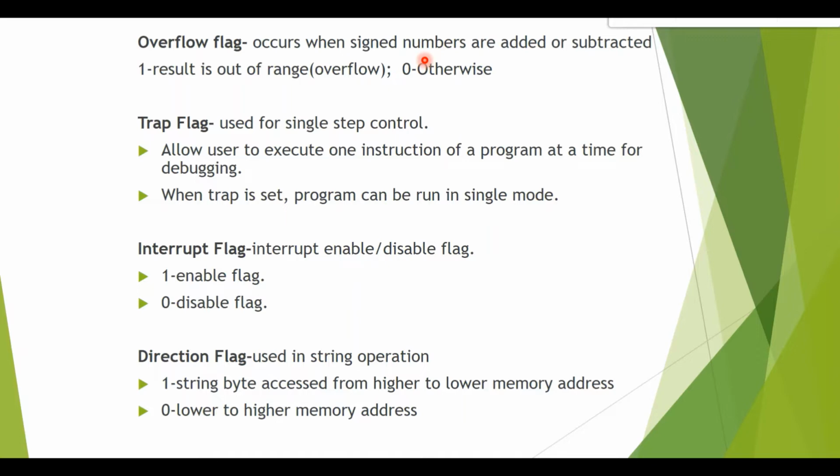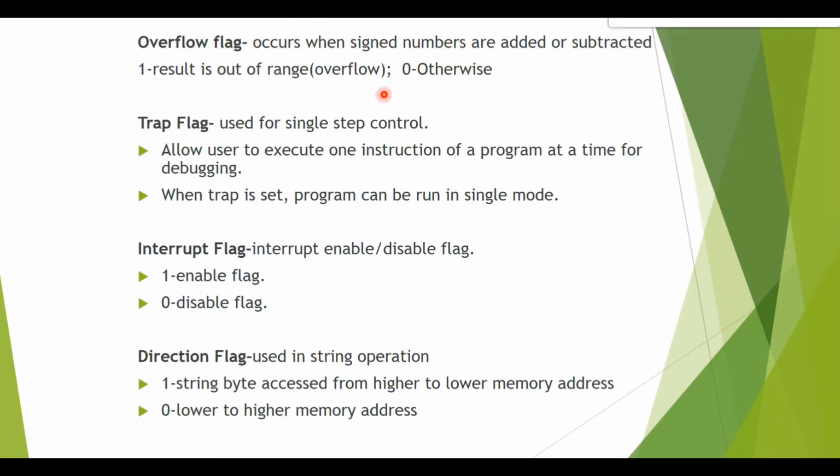And if the result is of 9 bit, the original number is of 8 bit, and when it is added to another 8 bit number and the result is of 9 bit, then we say that overflow will occur. Okay, so this overflow flag is used when the signed number is added or subtracted.